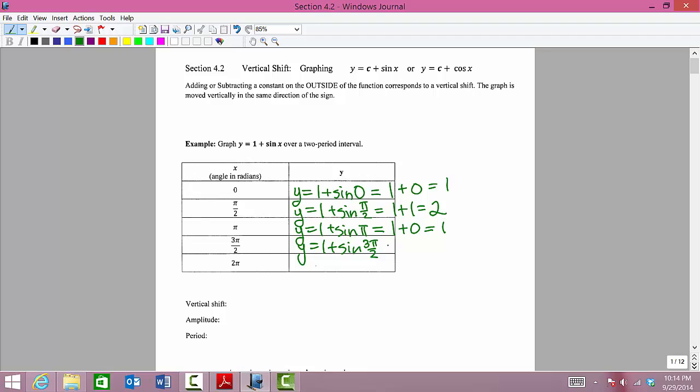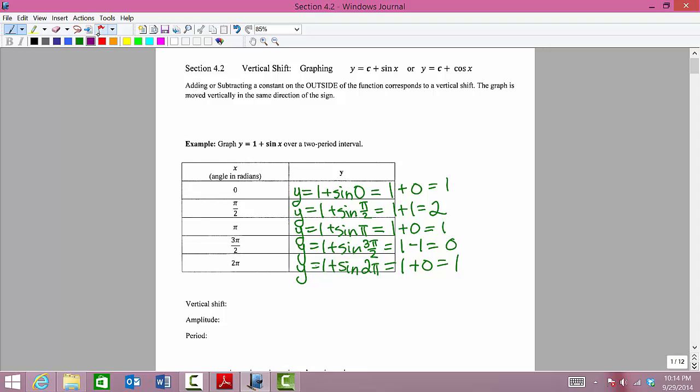Sine of 3 pi over 2 is negative 1, so 1 minus 1, we get 0. Sine of 2 pi is 0, so 1 plus 0 gets us to 1.